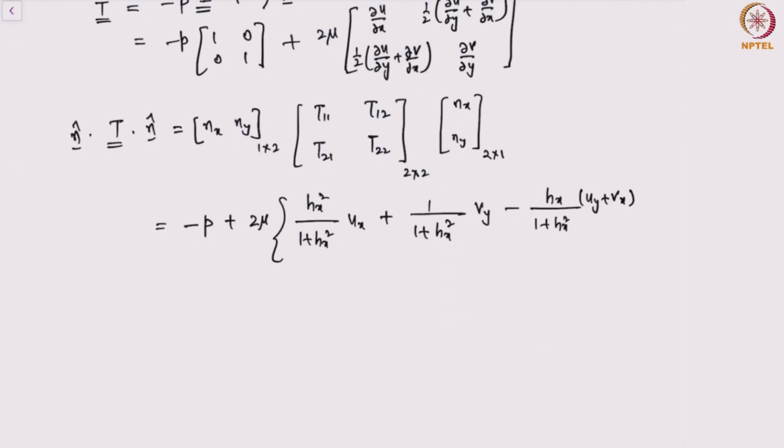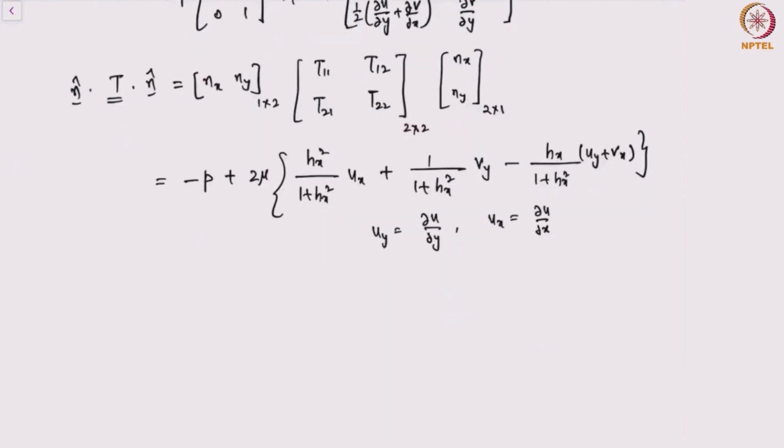Uy is nothing but del u by del y, ux is del u by del x, vx is nothing but del v by del x, and vy is nothing but del v by del y. So I'm just using simple subscript shorthand notation.